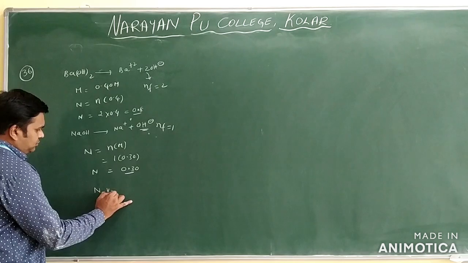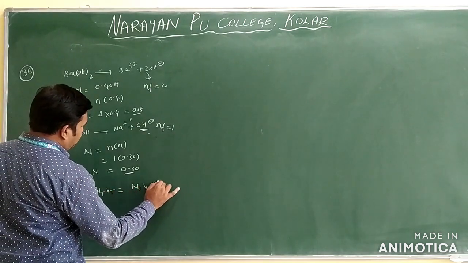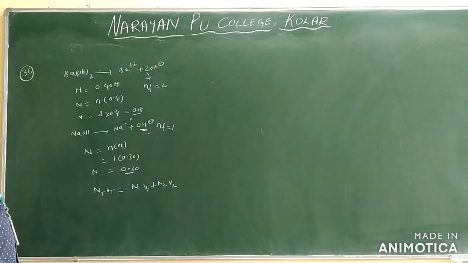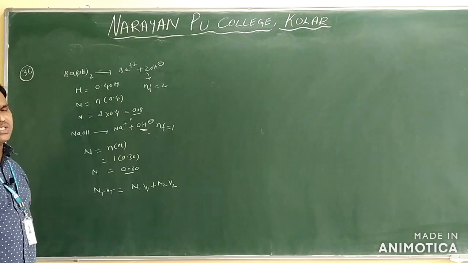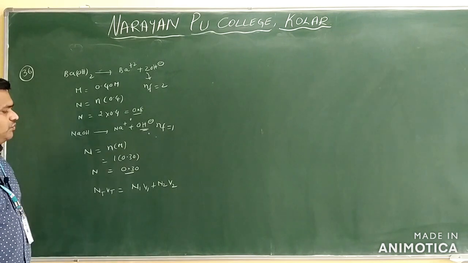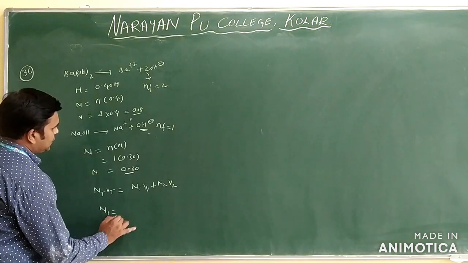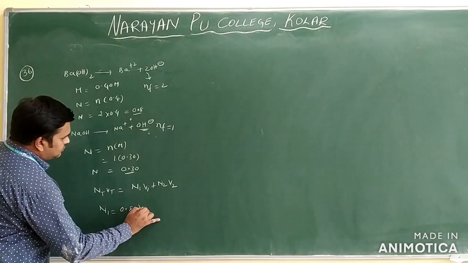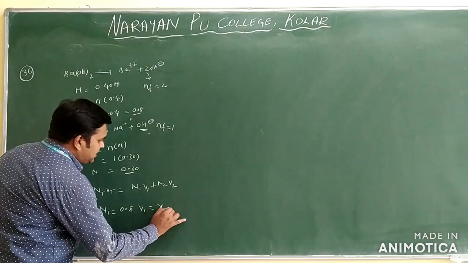Now I want to write N total into V total is equal to N1V1 plus N2V2, because here these two are bases with different concentrations, and we already converted them into normality. N1 is 0.8, and we don't know the volume of barium hydroxide, so we take it as x.